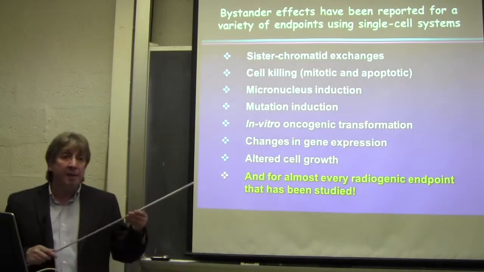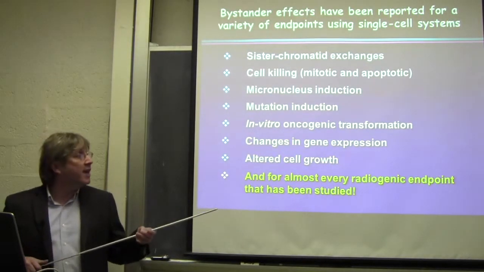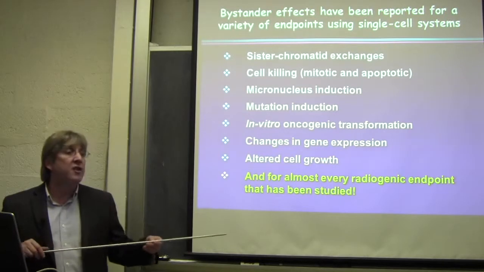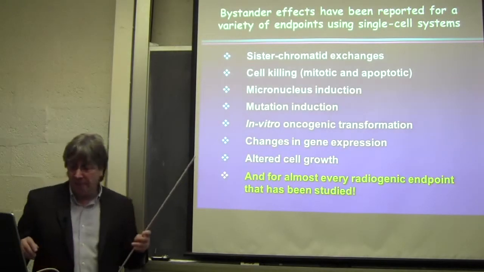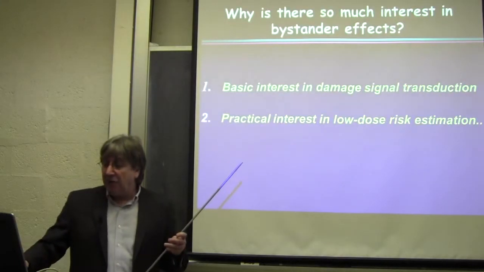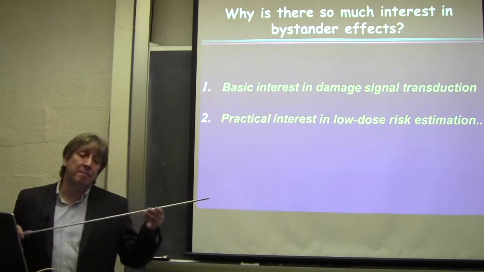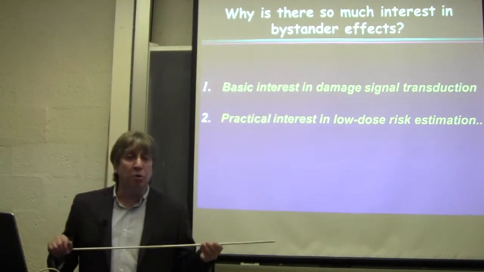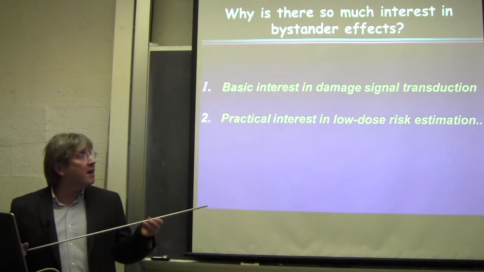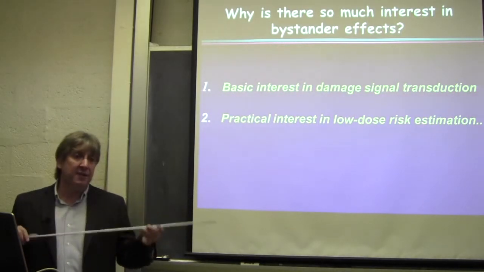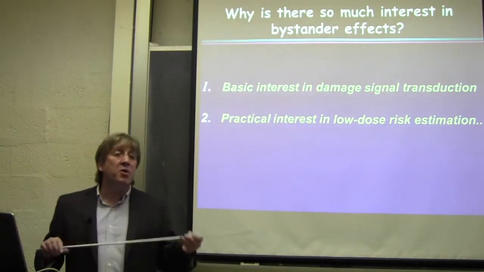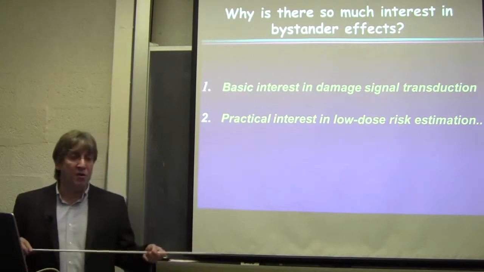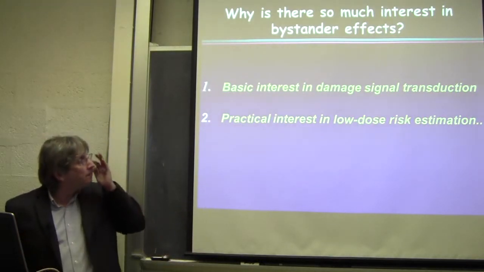So somehow information is being communicated from hit cells to neighboring non-hit cells. And as you can imagine, the microbeam is a great tool for investigating bystander effects, because you can hit cells, but you can also guarantee that you won't hit neighboring cells.